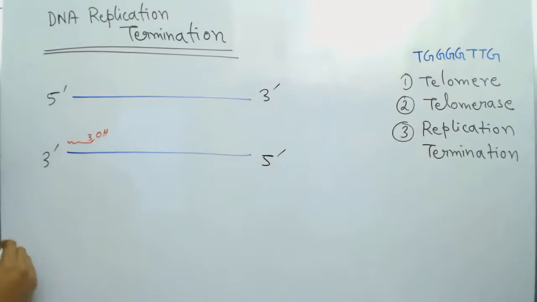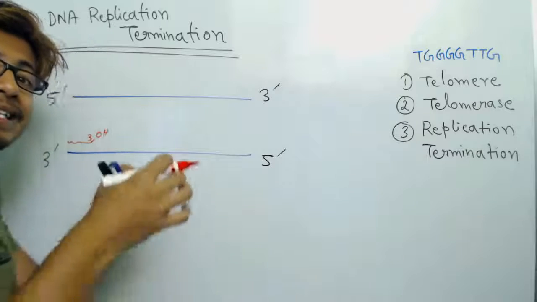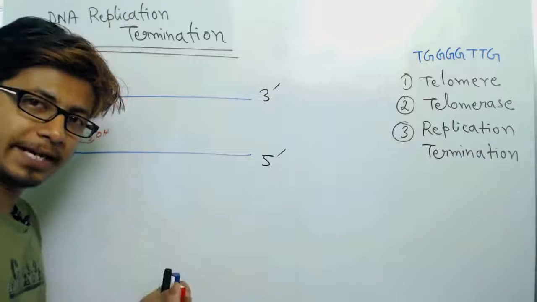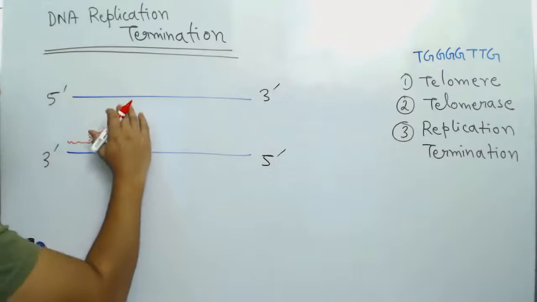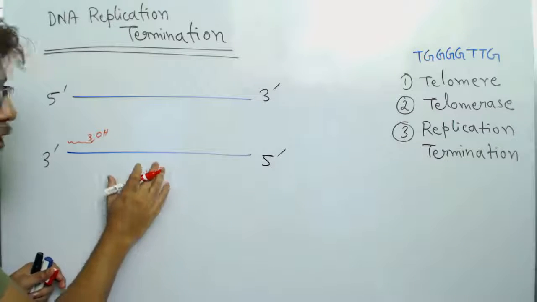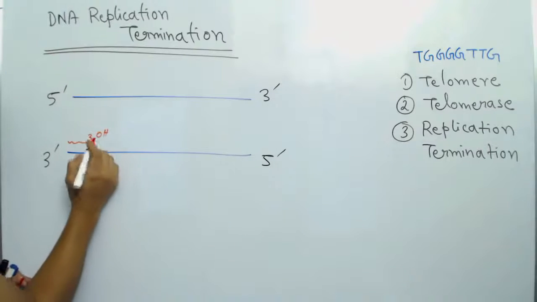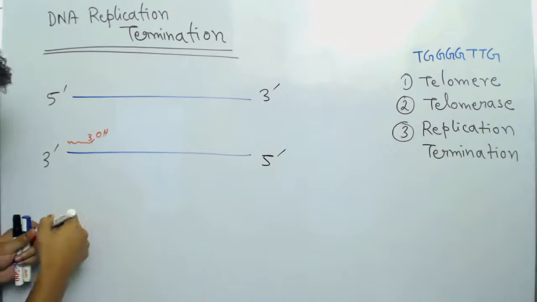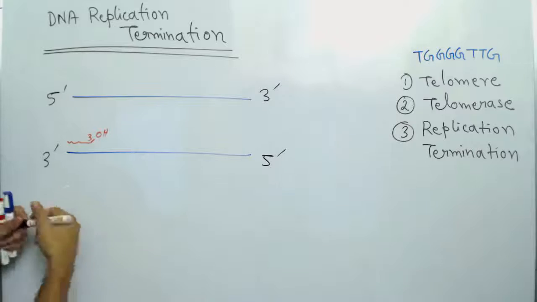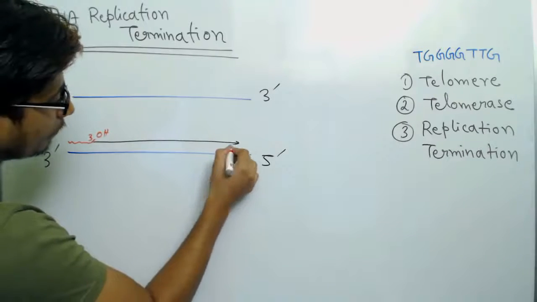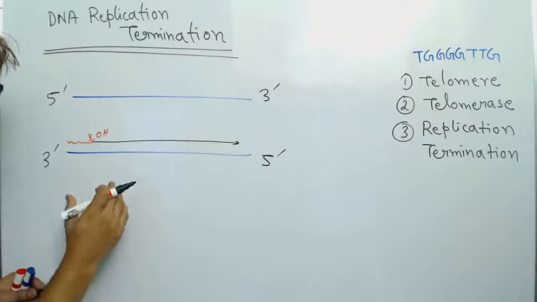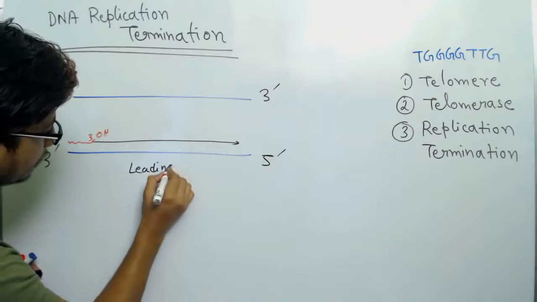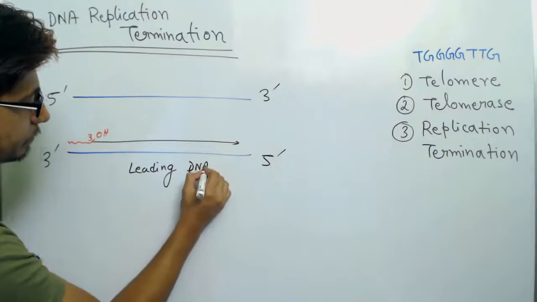This free 3 prime hydroxyl is a must requirement for the DNA polymerase to elongate the strand, to polymerize nucleotides there, right? So in one of the parental DNA strands, the DNA polymerase gets a free 3 prime hydroxyl, so it can easily extend it till the end, and that strand, as it can extend for a long stretch, is known as the leading strand of the DNA.